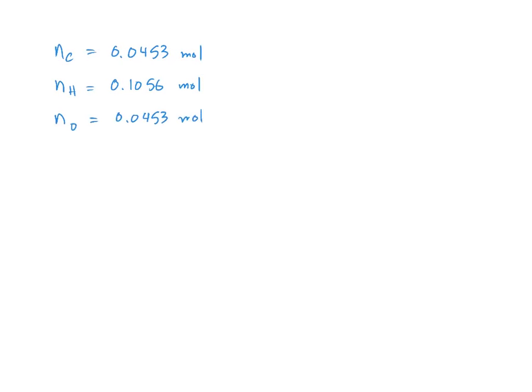We like it to be in whole numbers, so we can divide by the smallest to get it in whole numbers, which is 0.0453. That equals 1. That equals 2.33, and that equals 1.